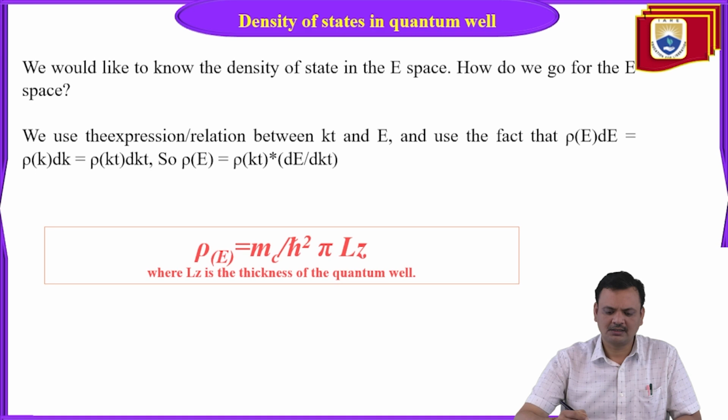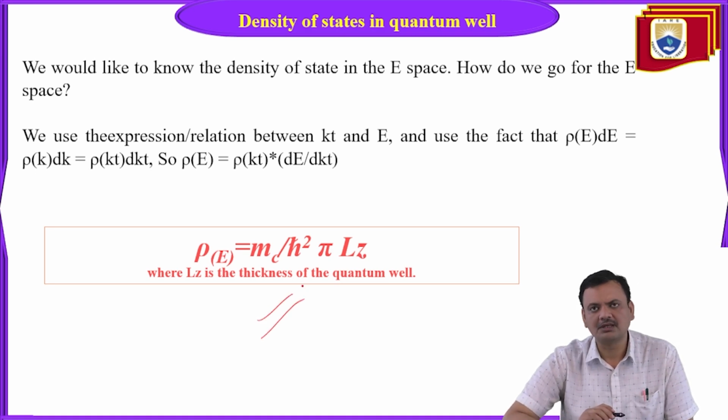So see, I already derived all and we already achieved this expression. Rho E is equal to mc upon h cross square multiplied by pi multiplied by Lz. And what are these values?